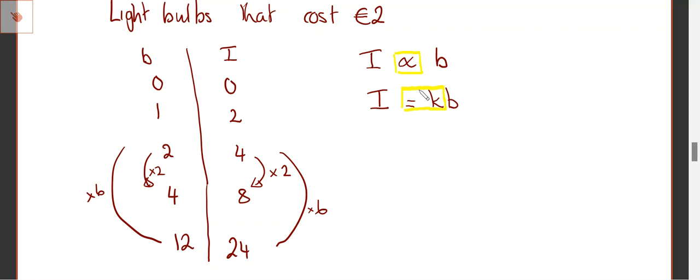Proportional. So it's the constant of proportionality, constant of variation. So K is that value.